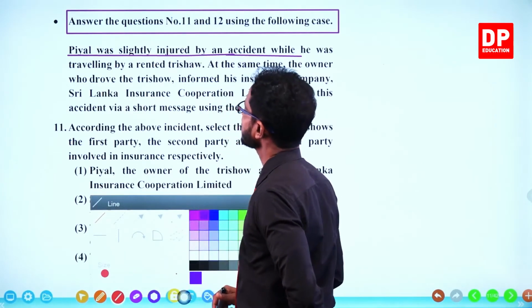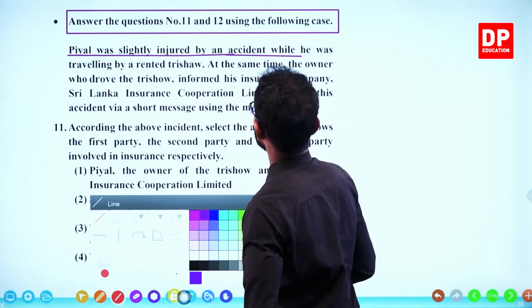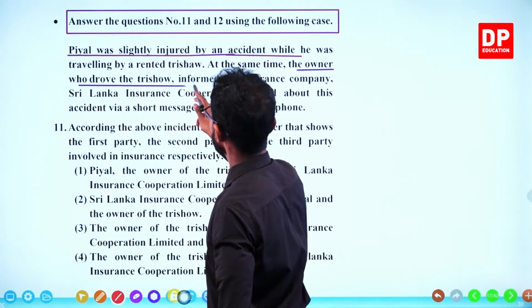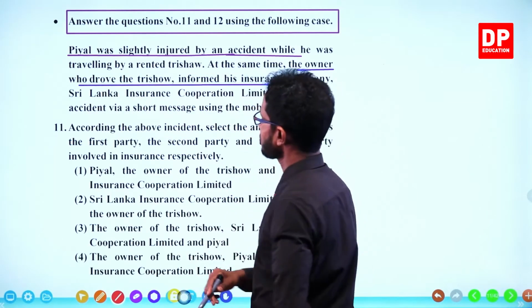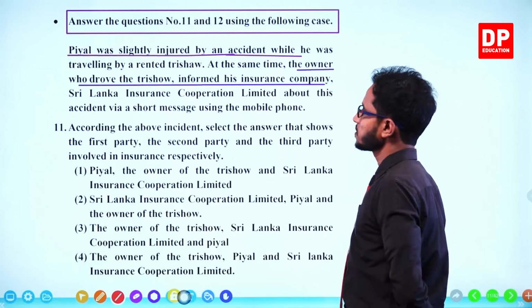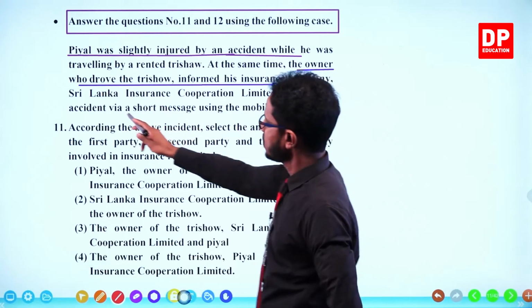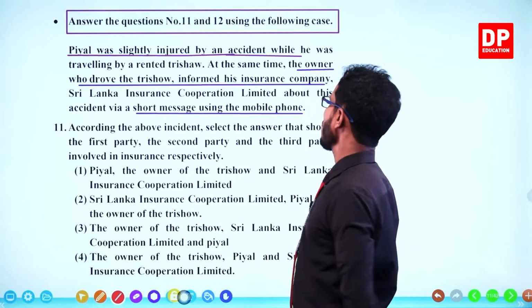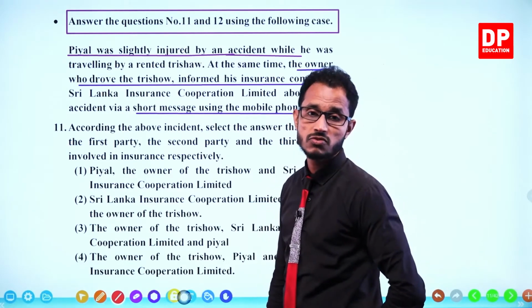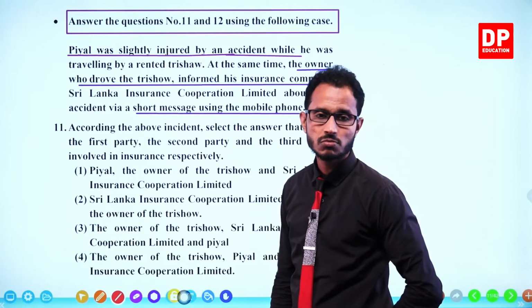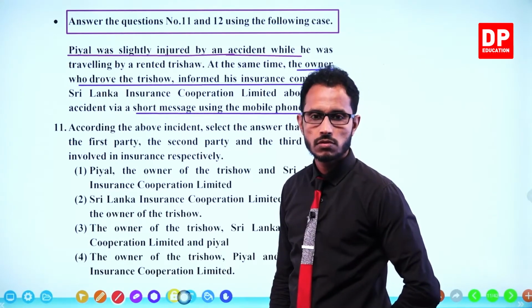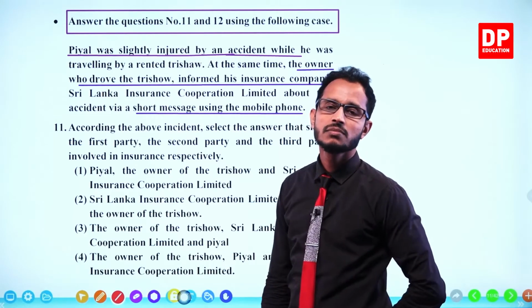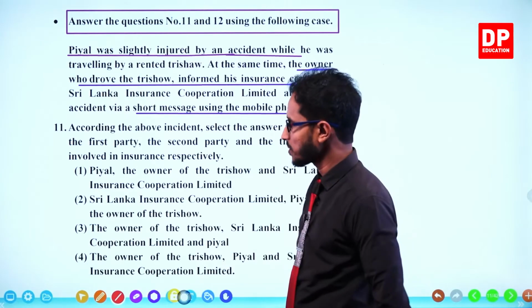Next important thing: the owner of the trishaw informed the insurance company using his mobile phone, by sending an SMS.